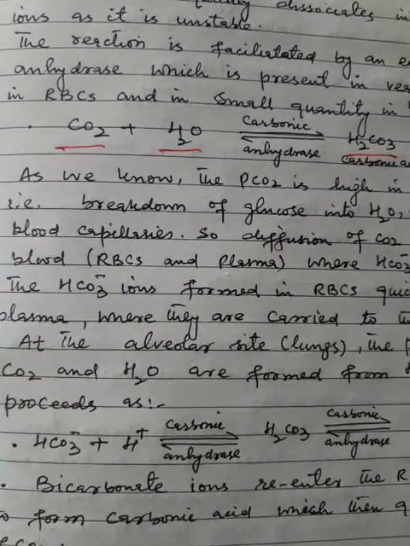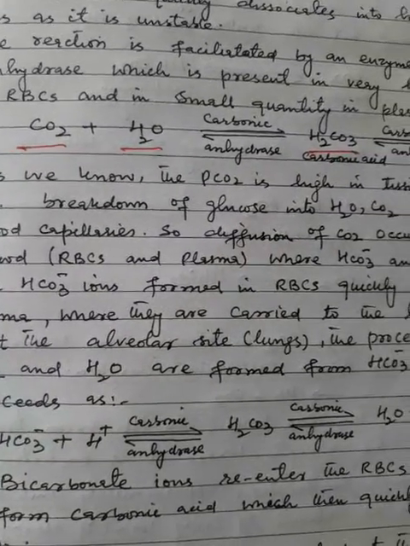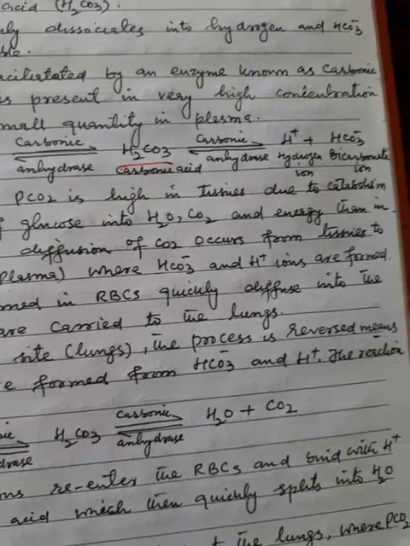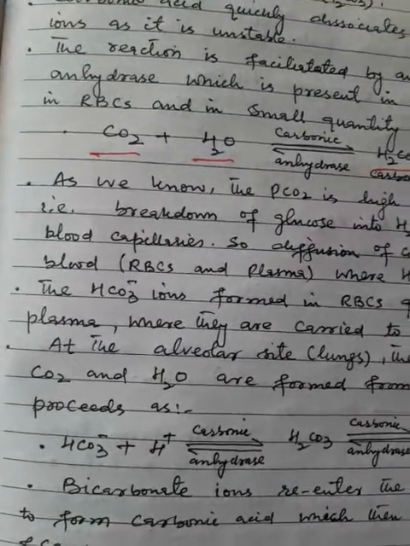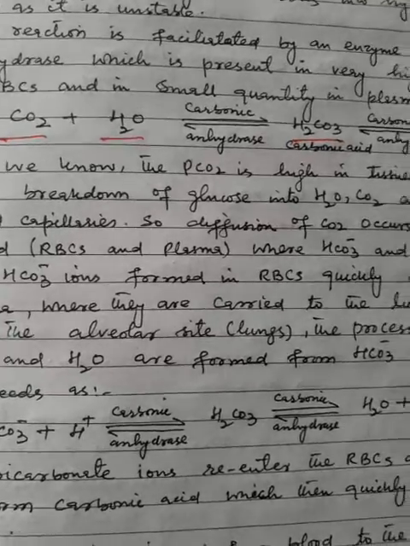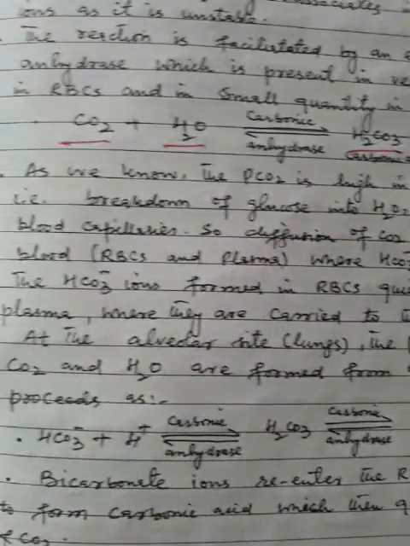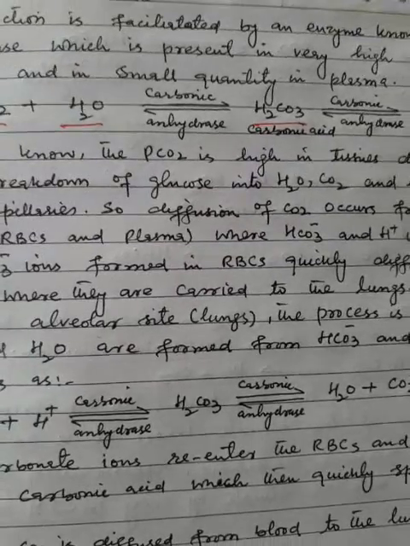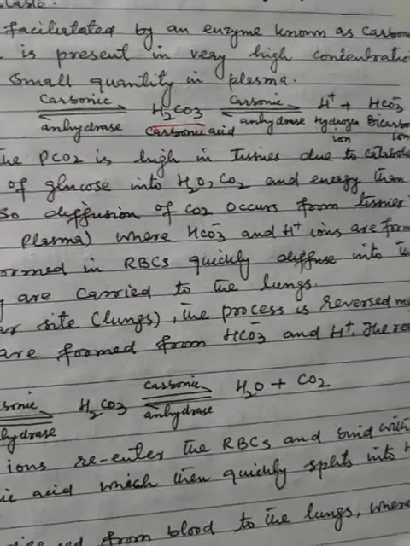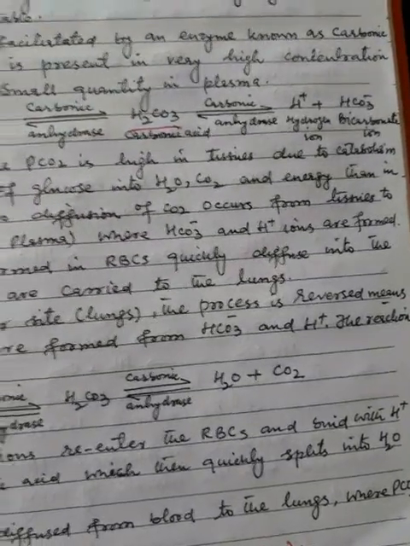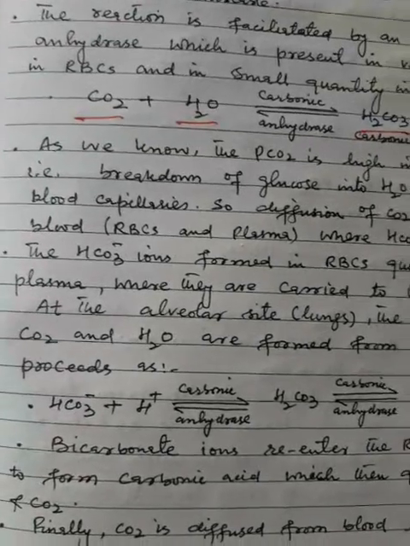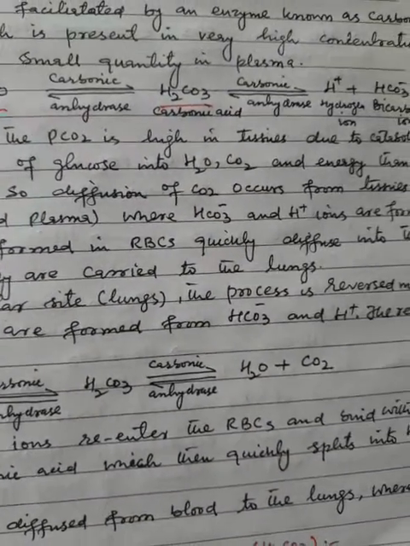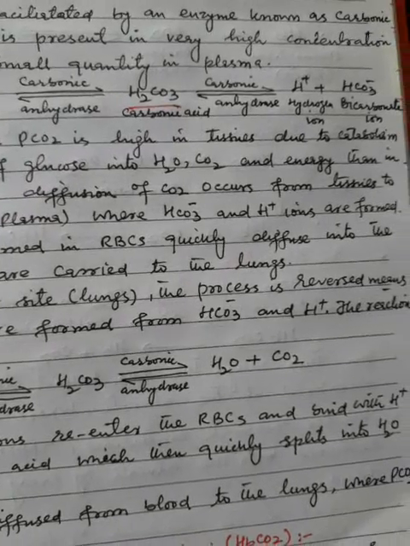The bicarbonate ions HCO3 formed in RBCs quickly diffuse into the plasma, where they are carried to the lungs. At the alveolar site of the lungs, the process is reversed, means carbon dioxide and water are formed from bicarbonate and hydrogen positive ion.